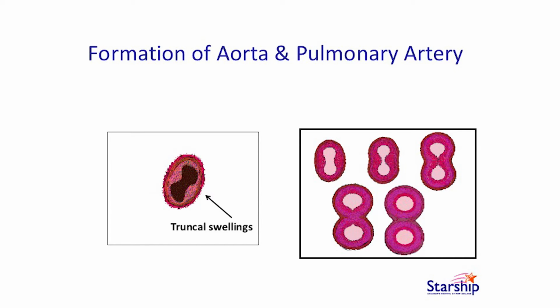So inside this twisting truncus, you have the formation of the aortopulmonary septum. By 28 days, the truncus has managed to divide itself into the pulmonary channel and the aortic channel by the formation of the aortopulmonary septum.